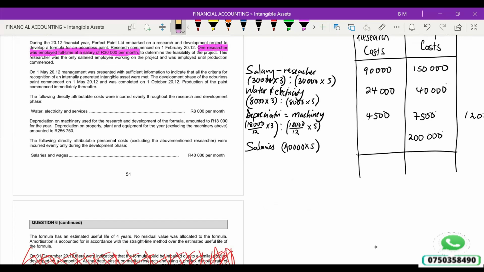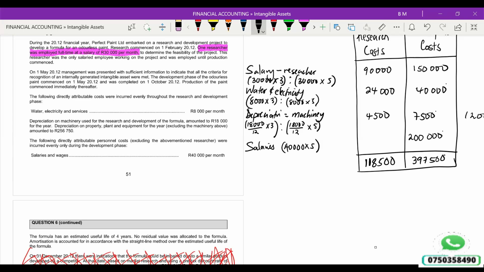Let's add the research, let's add the development. Research, I have 118,500. Development, 397,500.